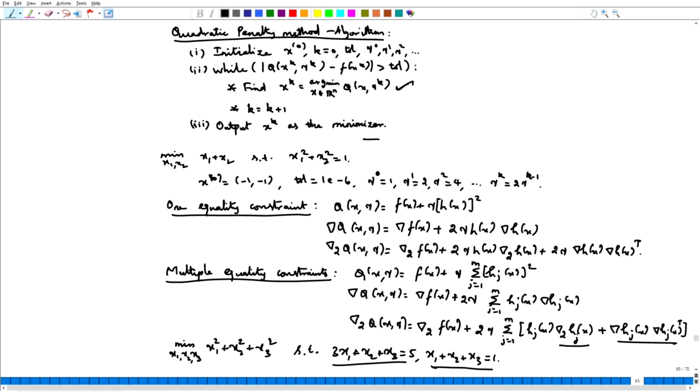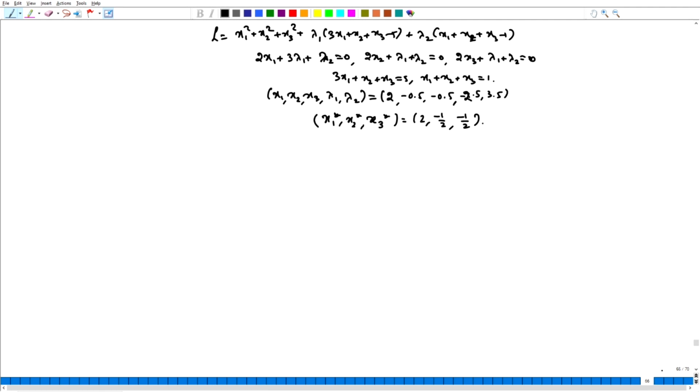Okay. So that is something that we need to understand when we are using inequality constraints. So, consider the case of inequality constraints. Okay.